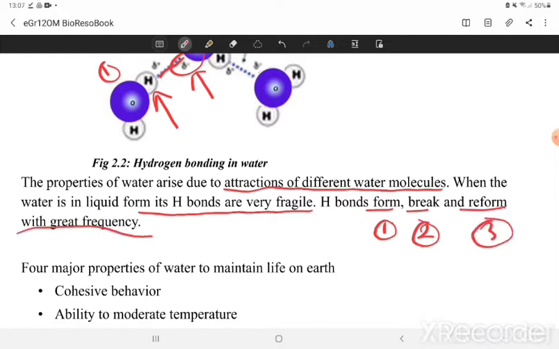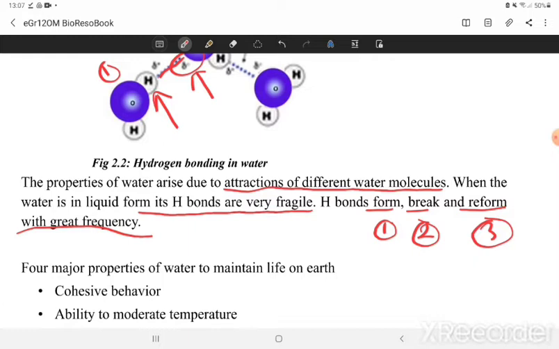That means at a higher rate, very fast. Hydrogen bonds form, then they break, then they reform again. This happens at a great frequency, very fast: forming, breaking, reforming.